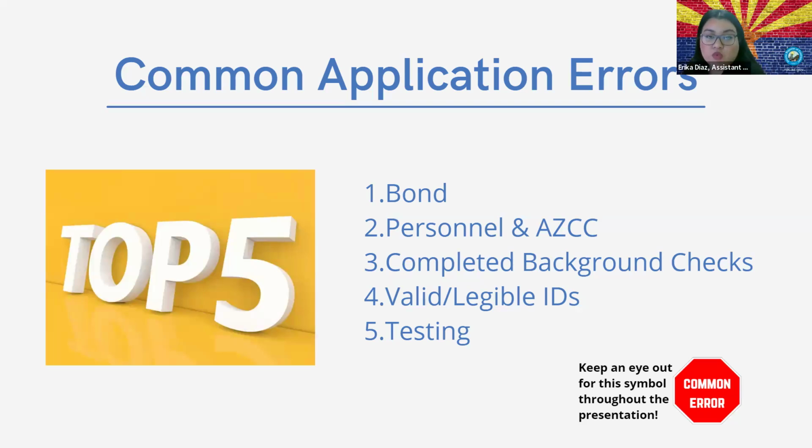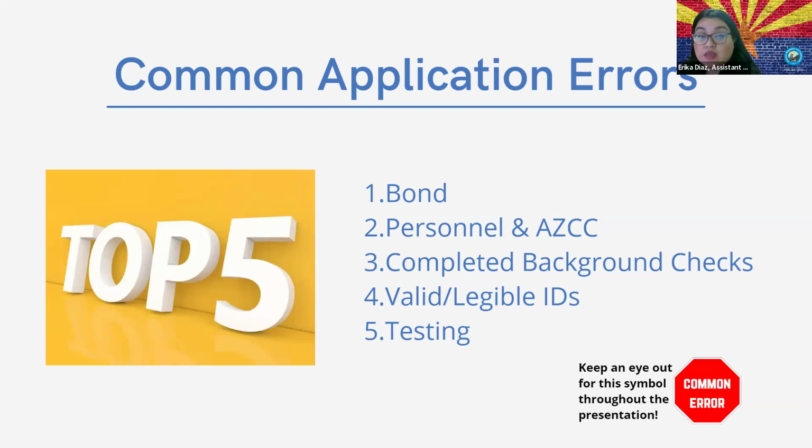We're going to start off with these top 5 common errors that we see during an application process. So whenever you see that little symbol that says top 5, just make a note of it. These are the items that we do see quite a lot as coming in deficient in the application.